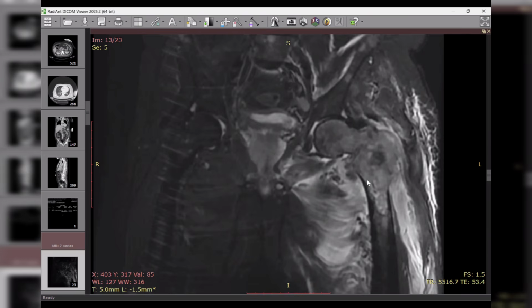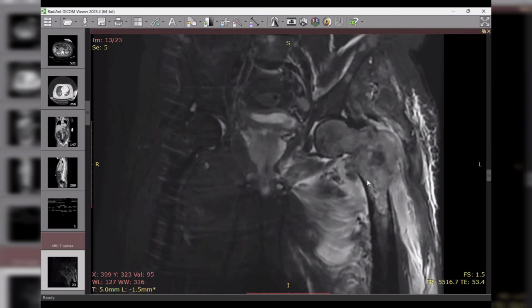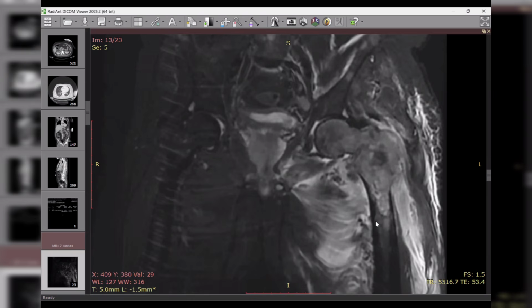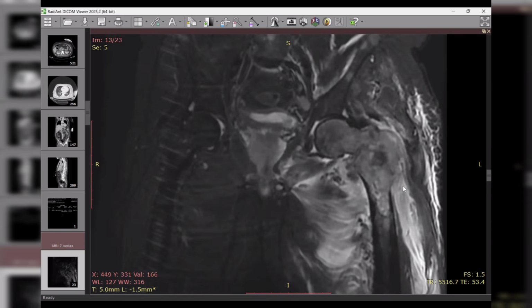Sure, they think about a secondary fracture, a malignant process. Is that a pathological fracture, or is there a malignant bone process that caused this fracture? What do you think? Is this a simple fracture or a pathological fracture?